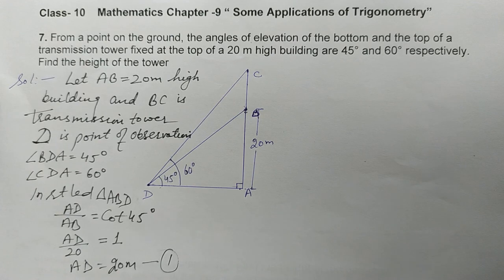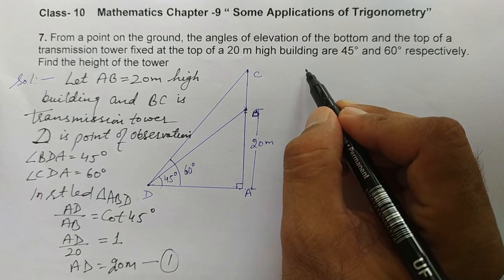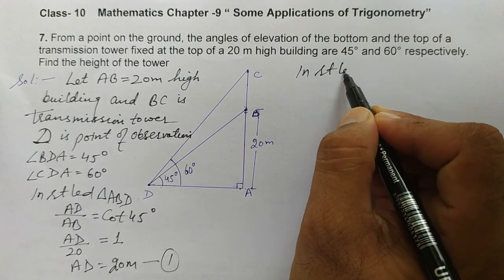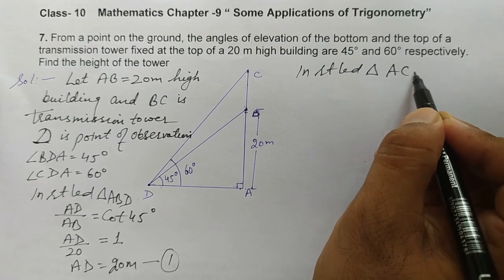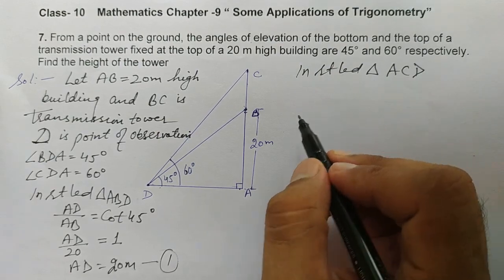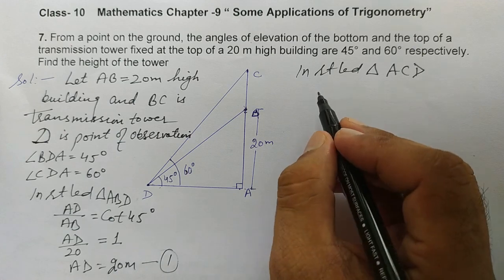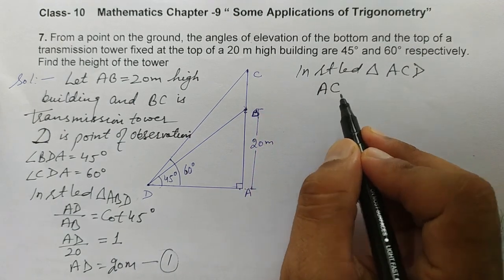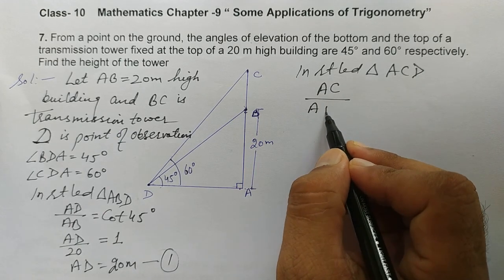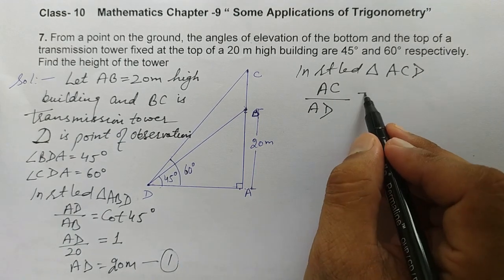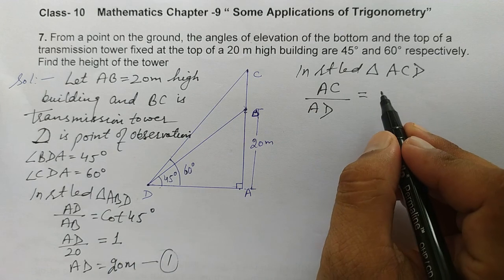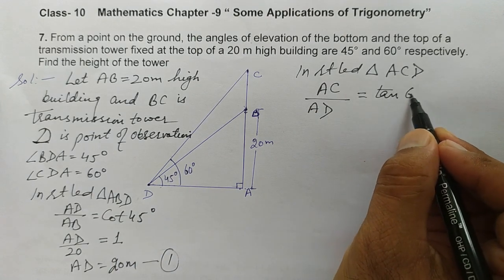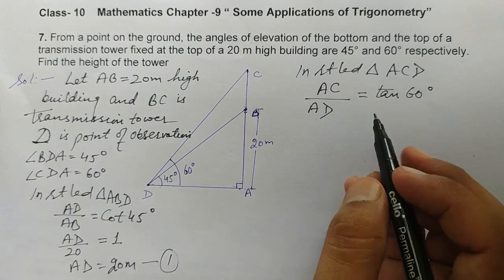So equation number 1. Now in the second right angle triangle, we'll write in the right angled triangle ACD. In ACD, we need to find out AC, I mean BC we have to find out. So we'll write AC in the numerator over AD, which is there with us, 20, is equal to P over B, that is tan 60 degree, right?